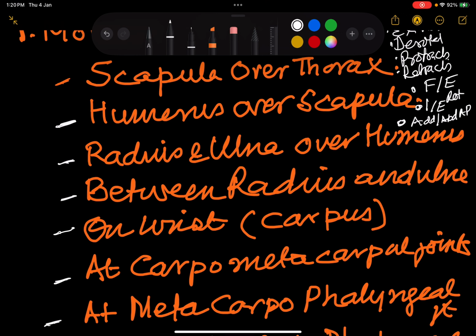Now the radius and ulna move over the humerus, and this joint is the elbow joint. And since it is a hinge joint, there are only 2 movements: flexion and extension of the elbow. Then the radius moves over the ulna, and this movement can be supination or pronation.